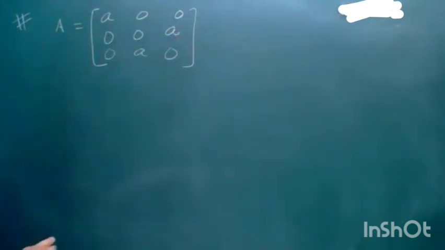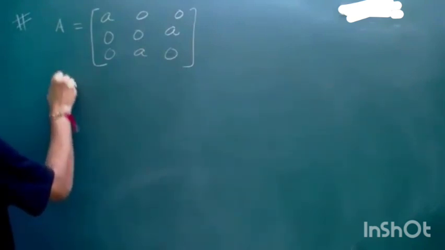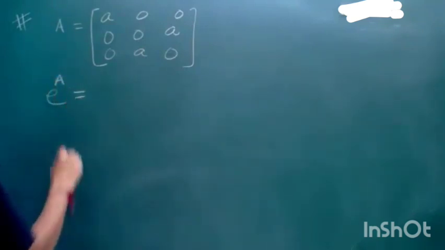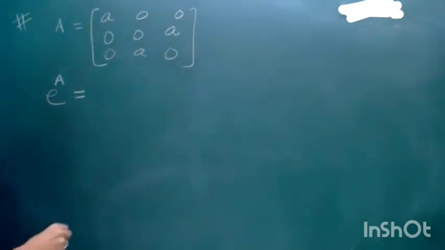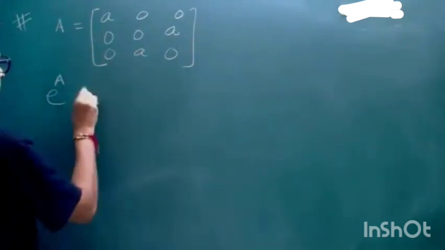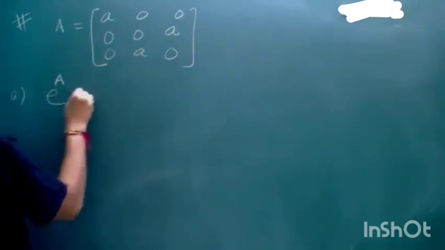This is a matrix, and then there is a matrix e to the power A. This is also a matrix. So question A is, what is this matrix? And can you tell how to write this matrix?